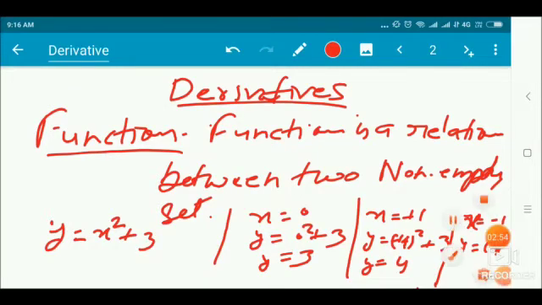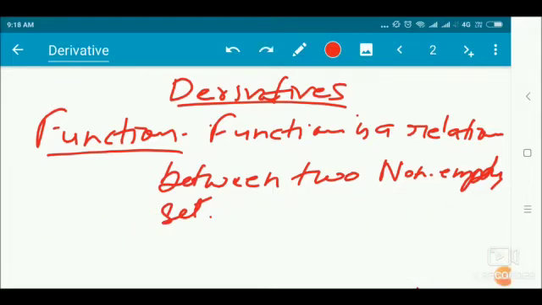Now one more example I'm going to take. y square is equal to x square minus 3. Again I put x is equal to 0, I'll get y is equal to minus 3.